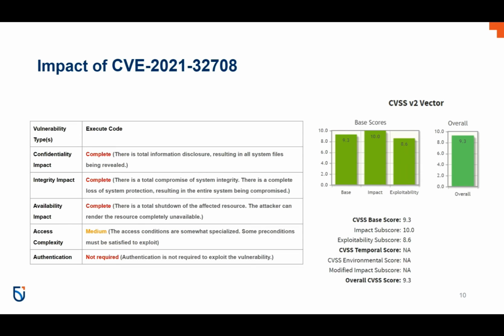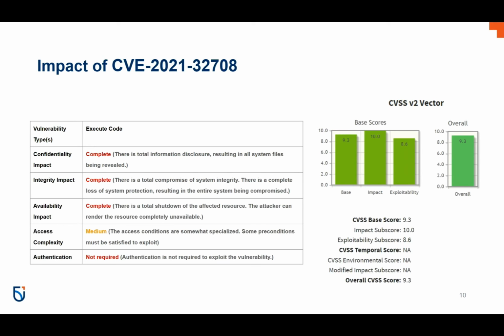Overall, it scores a rating of 9.3, and this is reflected by how it can compromise confidentiality, integrity, and availability with little effort. In addition, it requires no authentication and only medium access complexity. That is, with some pre-existing conditions to be met.